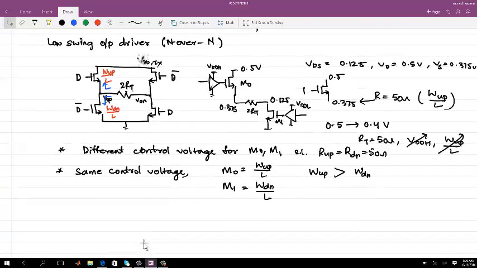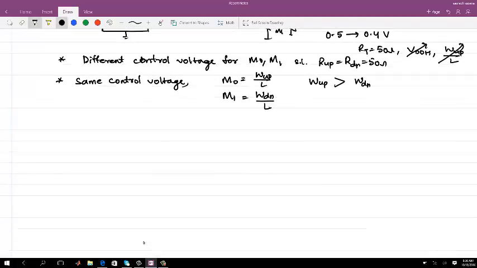Okay, so if I have N over N, D and D bar, let me just plot here the single-ended. So this is VDD transmitter.